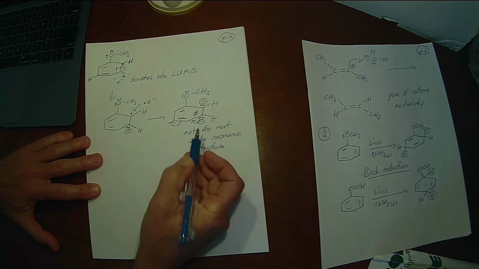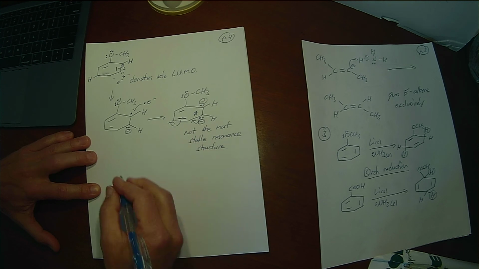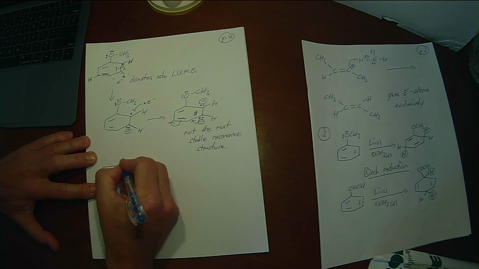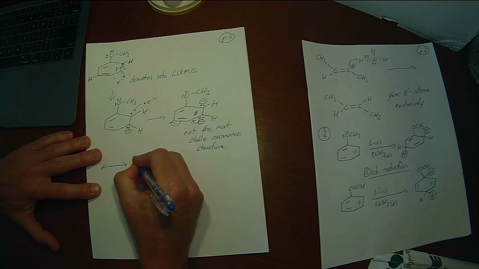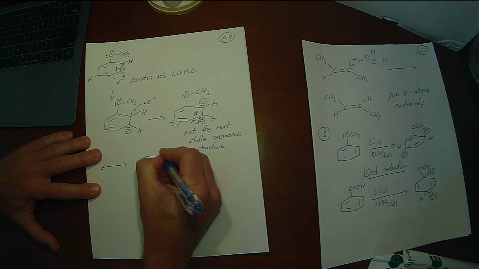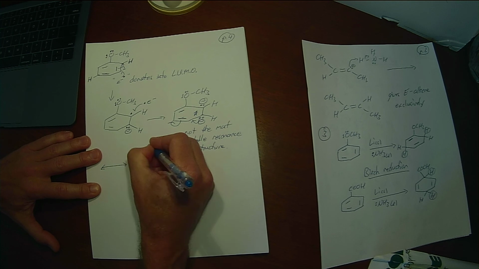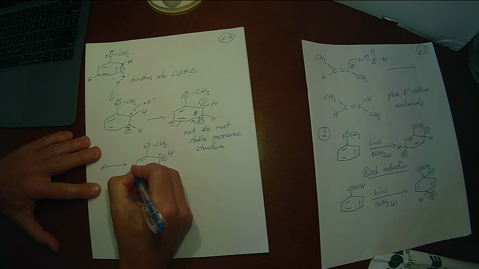So I'm basically going to push this pair of electrons in and make a double bond here, and push the other pair of electrons out to generate a resonance structure that, just like the alkyne case, puts those negative charges as far apart as possible. So it's the same principle.